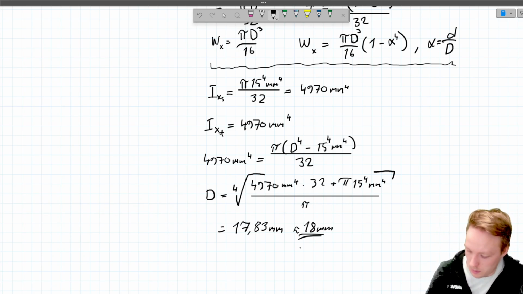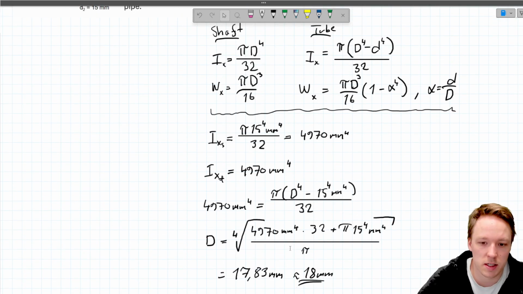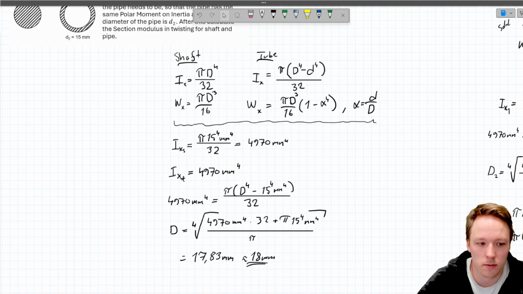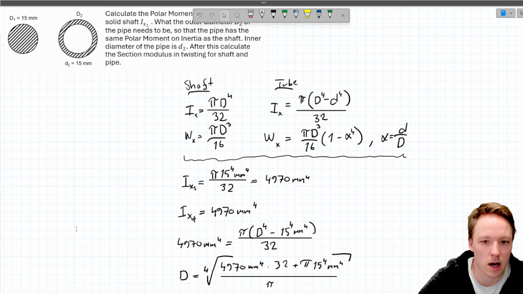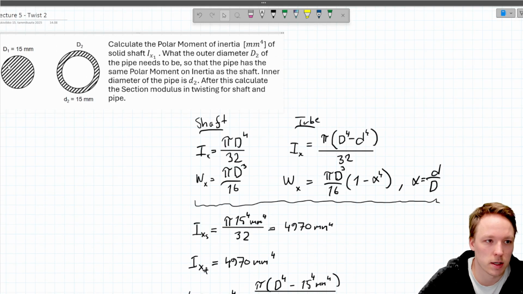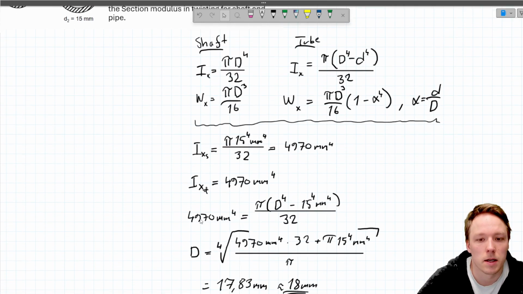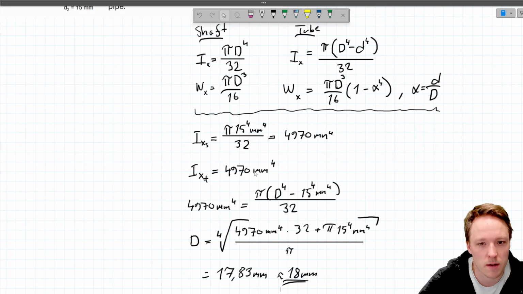So from here we can see very well that in the case of a round solid shaft, the torsional stiffness, the polar moment of inertia, with the shaft of diameter 15, is only 4,970.